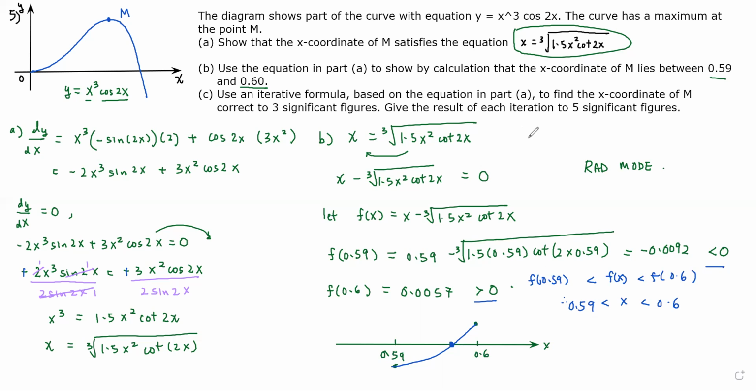Part C, we need to use an iterative formula based on the equation in part A to find the x coordinates of M correct to 3 significant figures, and the result of each iteration must be correct to 5 significant figures.